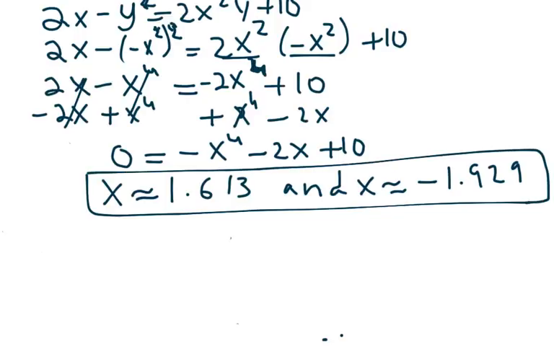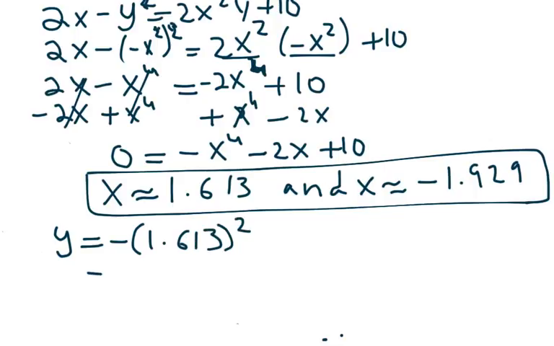Now we're going to plug these back into our y equals negative x squared in order to find out what y is. We're going to plug in the first point, so y equals negative 1.613 squared.